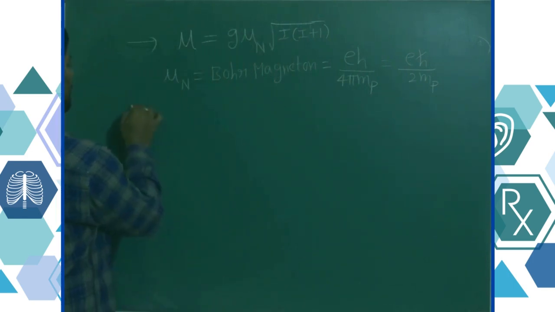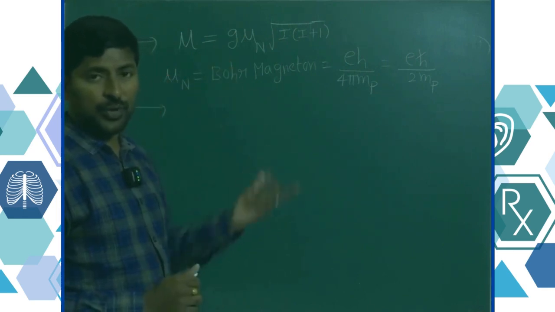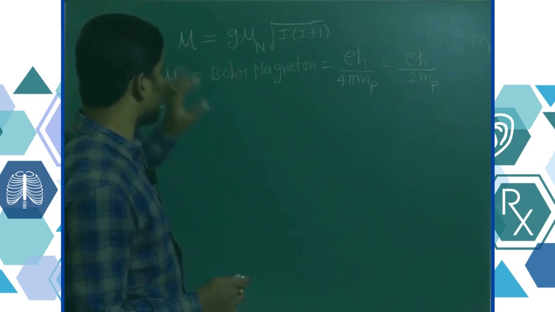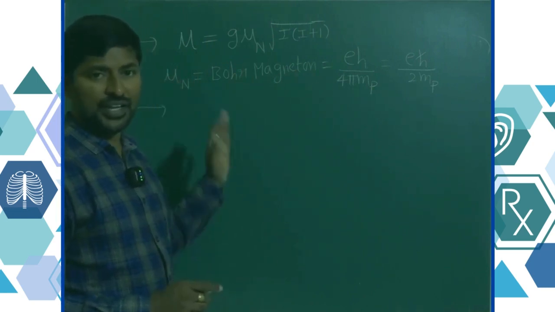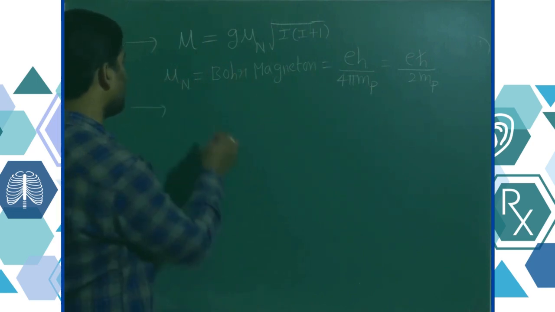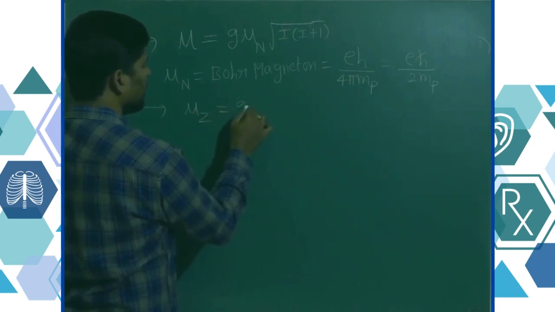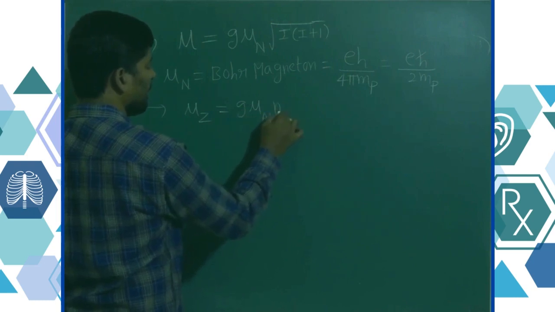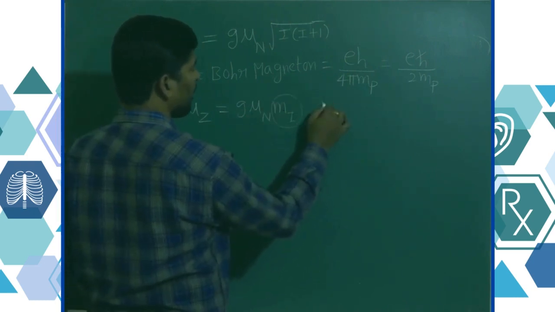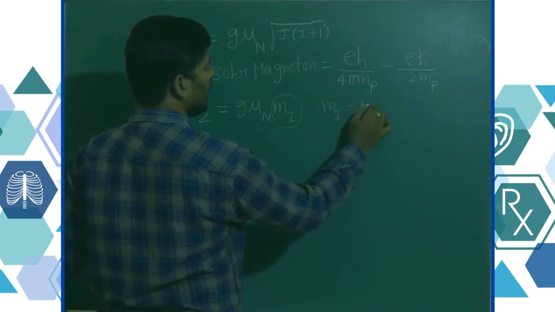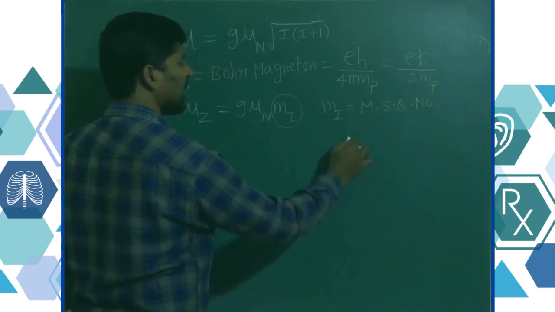Okay, and we know spin angular momentum is a vector quantity. Magnetic moment is also a vector quantity. So it has 3 components: mu x, mu y, mu z. So the z component of magnetic moment is given as g mu n mI, where mI is called the magnetic spin quantum number. This is similar to L and ML.